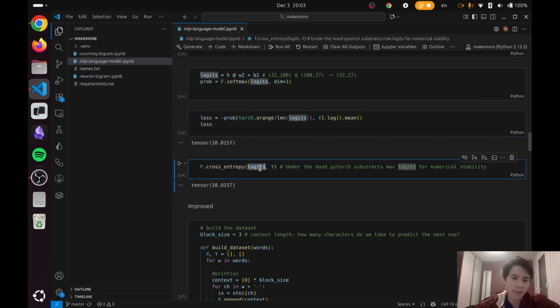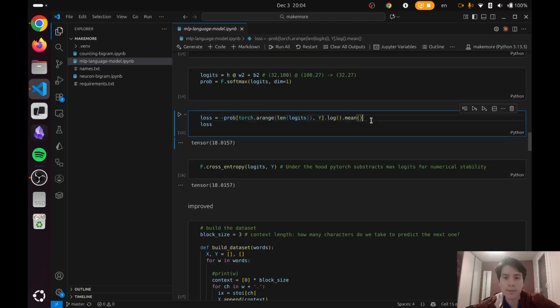And that's it. But the thing is that it's better to use built-in functions in PyTorch, especially because there are numerical stability issues. For example, if you try to do cross entropy to some value that is very positive, then you get problems with infinity.